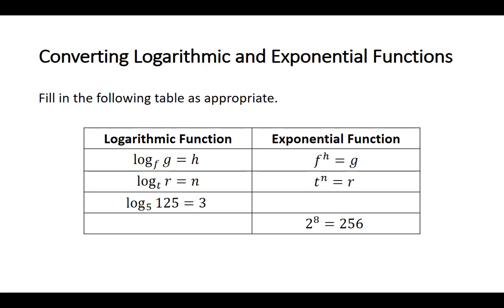So I have 5 to the 3 is equal to 125. And here I have 2 to the 8 is equal to 256. So that's log base 2 of 256 is equal to 8. Bases stay the same, swap the other two values. Moves you back and forth between logarithmic functions and exponential functions.